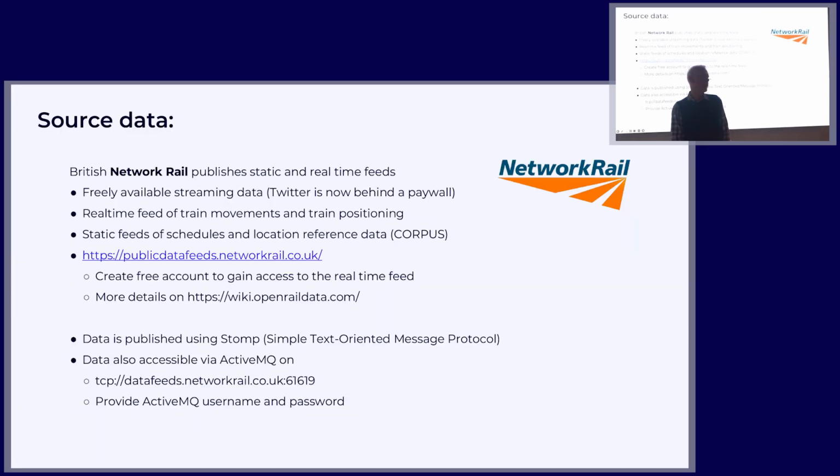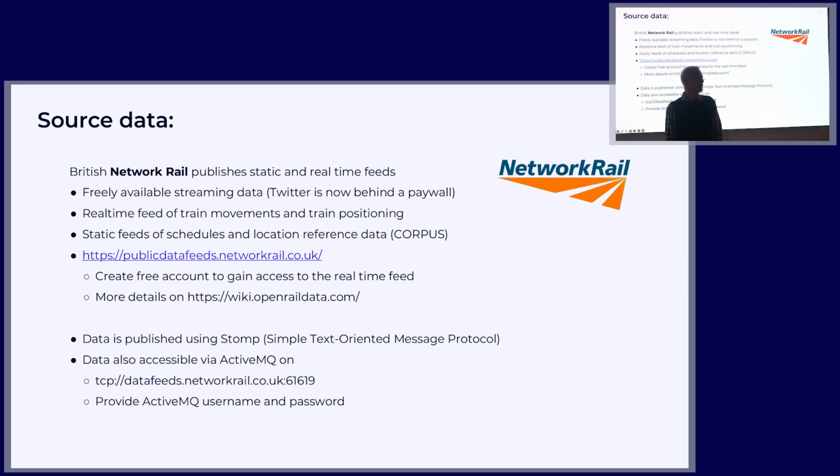Turns out Network Rail is still around. Network Rail publishes every single movement of every single train out there in the whole country. Freely available. All you have to do is get yourself an account, which you can get for free, and then you can get all the data out. All movements of trains.